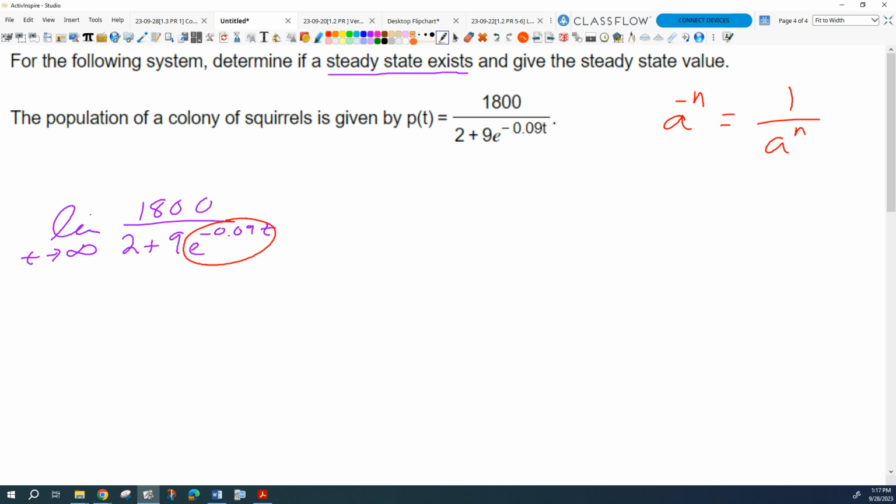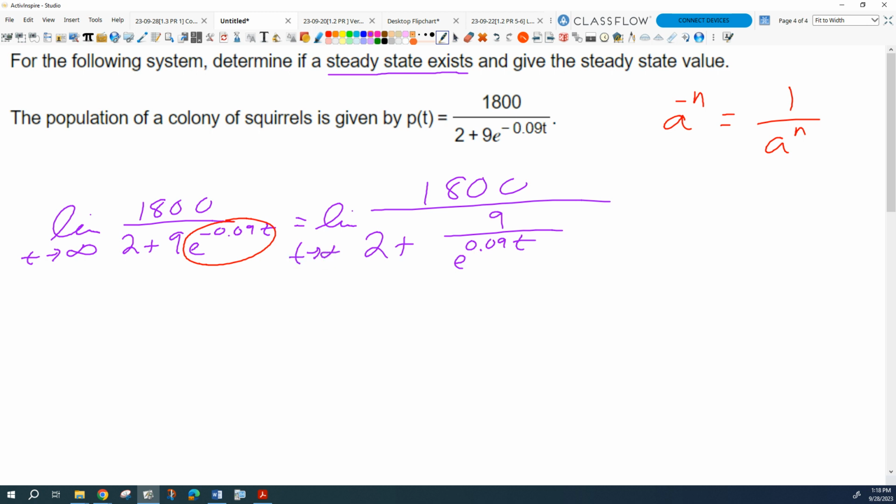So we could rewrite this as the limit of 1800 over 2 plus, that goes to the bottom, so I get 9 over e to the positive 0.09t, as t approaches infinity. That's a plus sign, not a t.